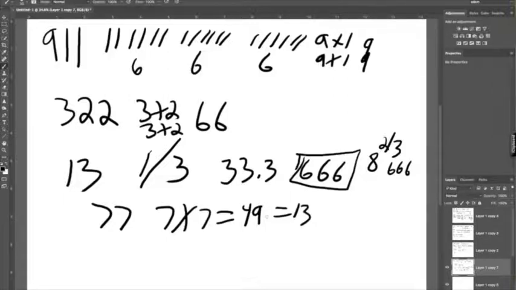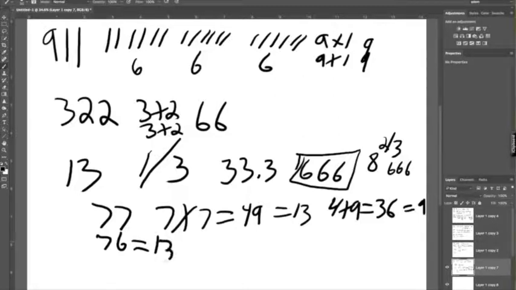Plus you got 4 times 9 equals 36. 3 sixes. Okay? No matter how you look at it. Plus you have another 9 equals 9. Alright? And then you have 76 equals 13.